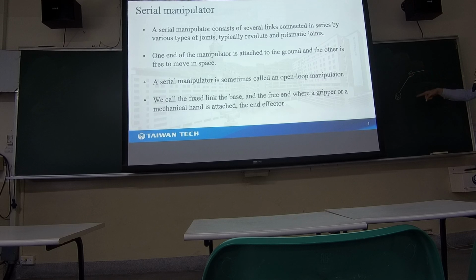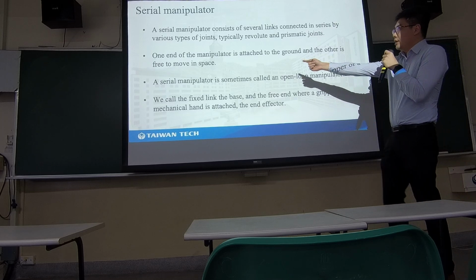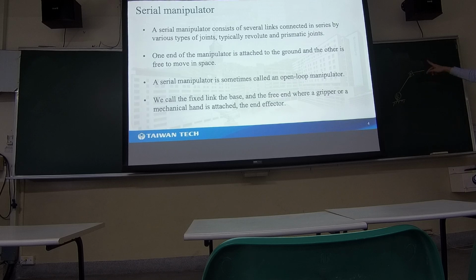This is an open loop robot, and to be a robot, you need to connect to a fixed ground. So one end is attached to the ground, and the other end can freely move in space. This kind of manipulator is called a serial manipulator, and it's an open loop manipulator.